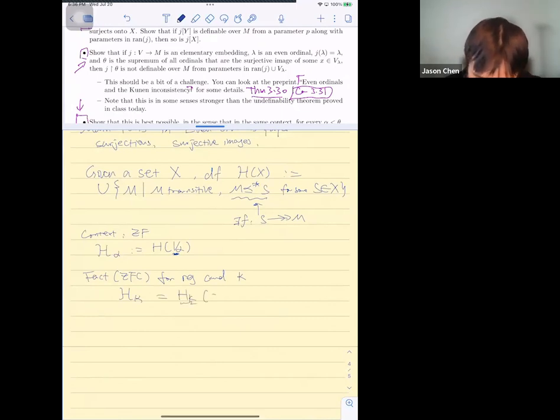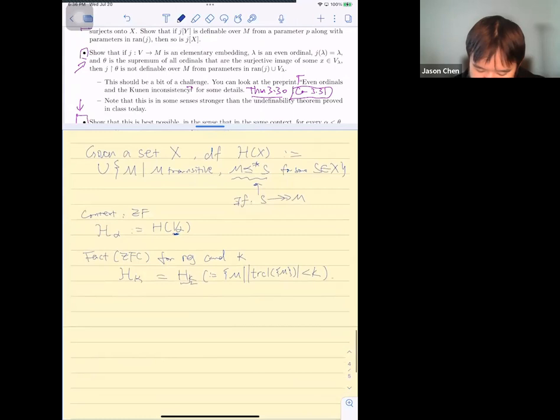Namely, this is the set M such that the transitive closure of M has cardinality less than kappa. And the reason is that in ZFC, when you can be surjected onto by something below kappa, then, okay, let me write the point.